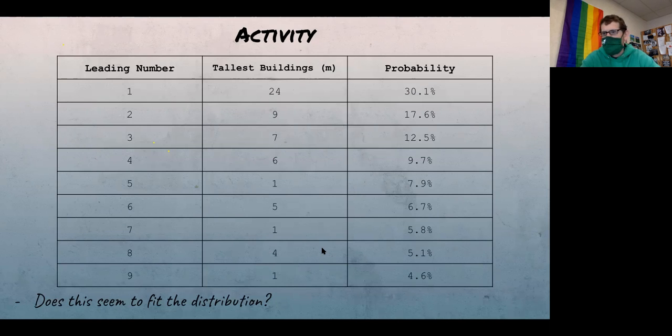I did this last semester, so it's been a while since I've looked at it. This is not saying how tall they are, but the leading number is 1 for 24 of those, and so on down the line.